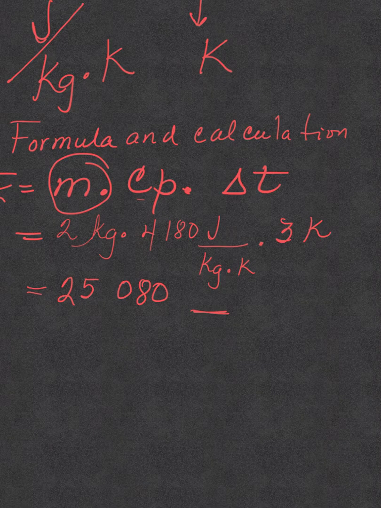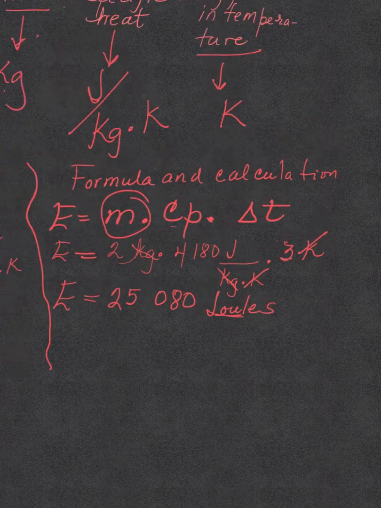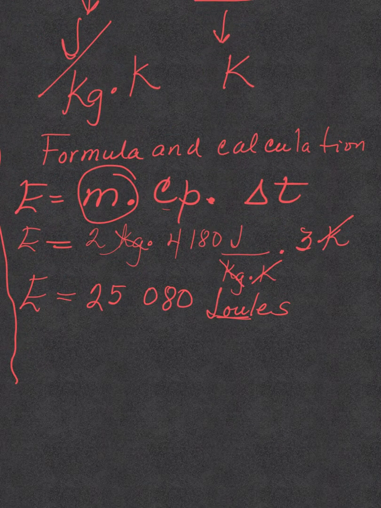is 25,080. The kilograms are going to cancel with the kilograms. The Kelvin are going to cancel with the Kelvin. And since you are calculating energy, what is the unit of measurement that we use for energy in the international system or metric system? Joules.